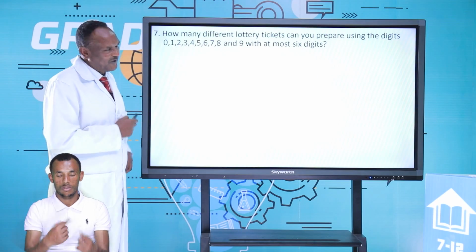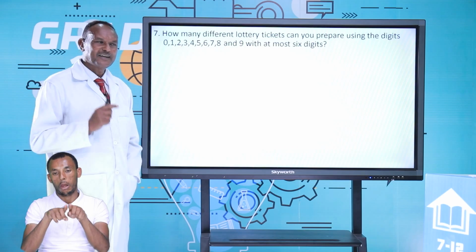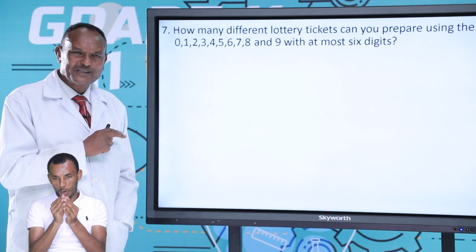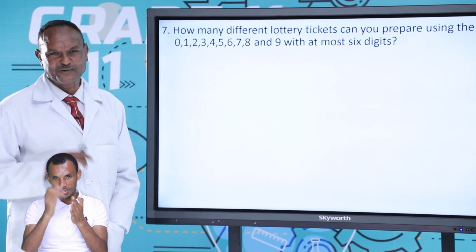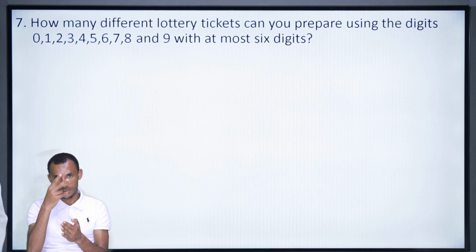To give the solution for this one, first we have to make an agreement. First, have you seen a lottery ticket where all 6 digits are 0? I think there is no such lottery ticket.